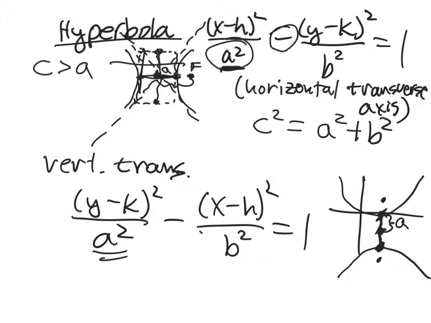Now, on any of these, here's the equation, give me characteristics about it, you may need to go through completing the square. So you've probably done enough of those by now. It's old hat, but that's a possibility. Rewrite it to this form. I don't think I'll be nice enough just to give you directly that form.